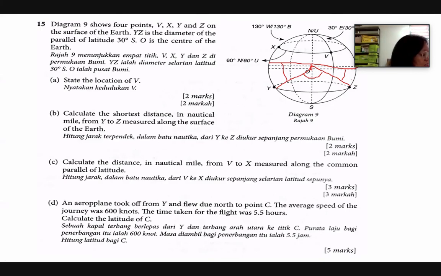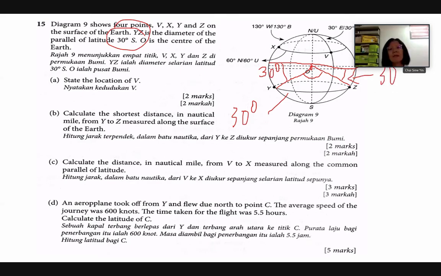Y and Z are 30 degrees south, which means this angle here is 30 degrees, and here also 30 degrees because Z is on the same latitude. Straight line, 180 minus 30 on this side, minus 30 on that side.